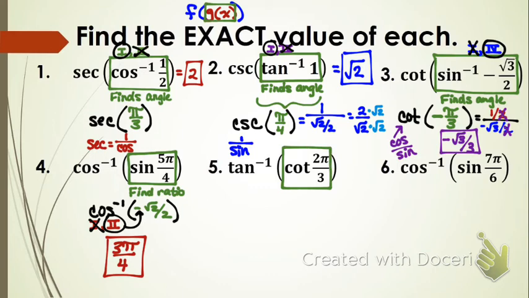Cotan of 2 pi over 3. Well, cotan is cosine over sine. What's cosine of 2 pi over 3? Negative 1/2. What's sine of 2 pi over 3?